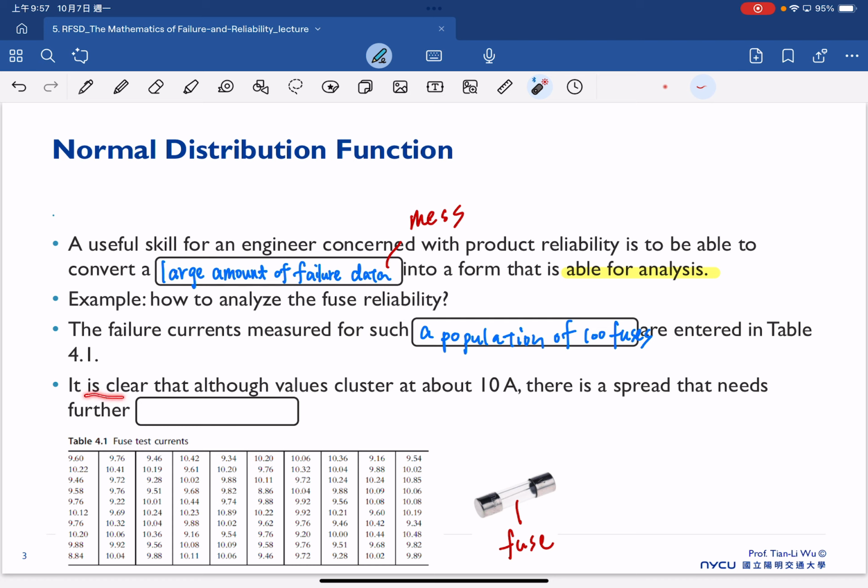It is clear that although the failures cluster at about 10 amps, there's always a spread that needs further statistical analysis.